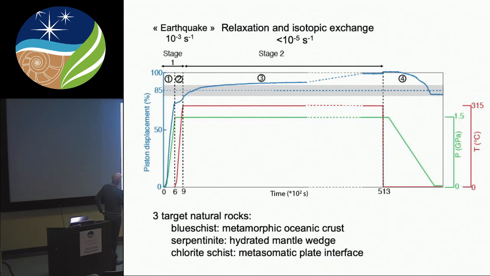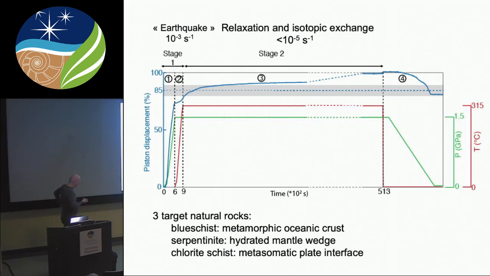Then we increase the temperature, we equilibrate the sample for a given time, and then we quench temperature and decrease pressure. And then there is a little recovery, which means that, again, most of the deformation took place during the compression.